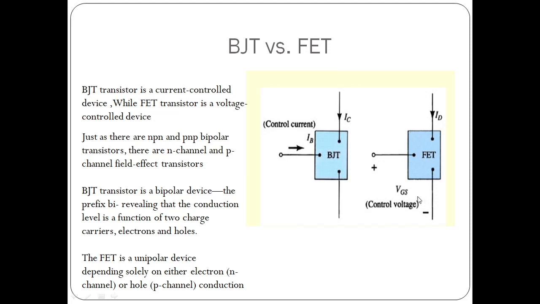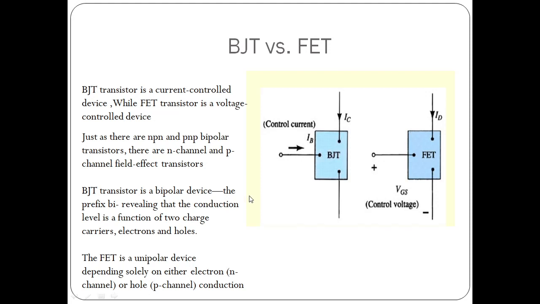Just as there are two types of BJTs, NPN and PNP, there are N-channel and P-channel field effect transistors. BJT is a bipolar device. Here the prefix bi reveals that the conduction level is a function of two charge carriers.